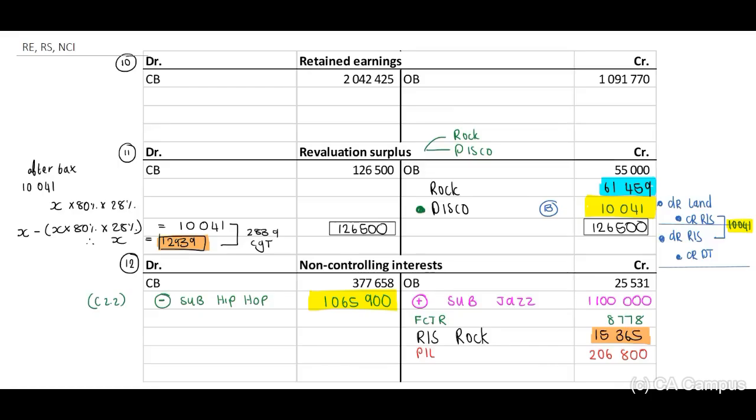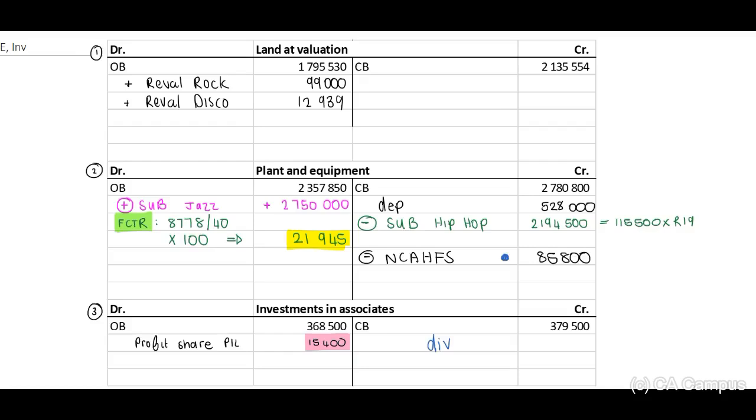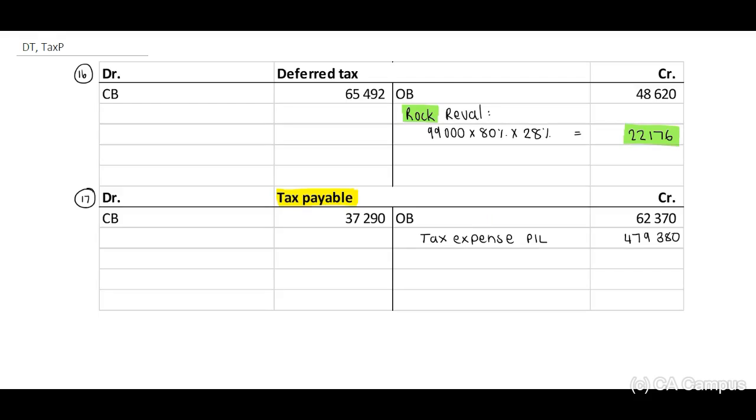This is calculation 11.1. And we need to transfer our deferred tax portion, also calculation 11.1. And this relates to Disco, the revaluation.